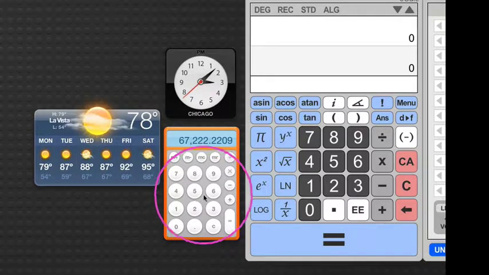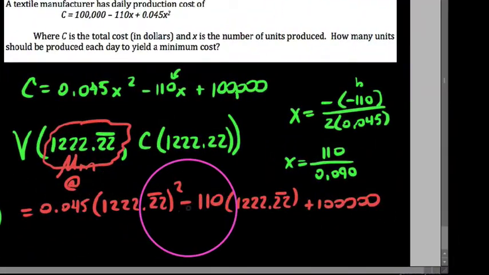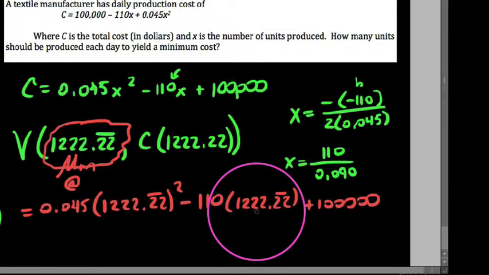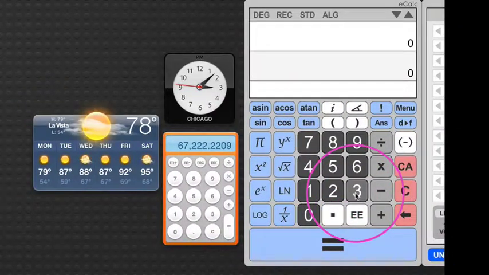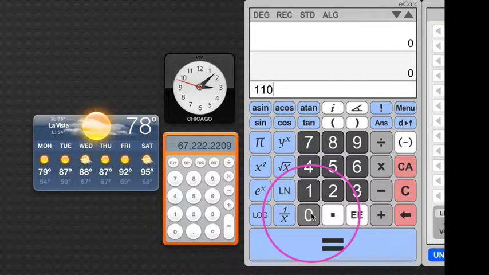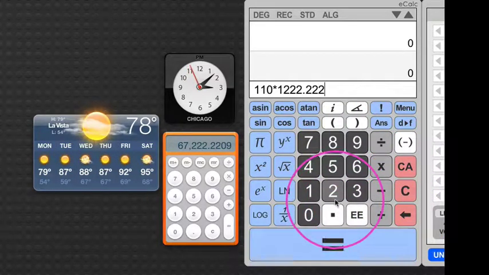Okay. So now I have 2 calculators. That was minus 110 times our 1222.22 repeating. So we'll do that, 110 times 1222.2222.